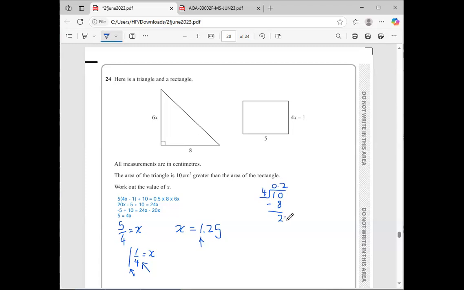We bring the 0 down. You add the 0 there. 4 into 20 is 5. 4 times 5 is 20. 20 minus 20 will give me 0. So that's how I got the 0.25. Do you understand it now? Oh, yes. So that's the final answer. That's what x is.